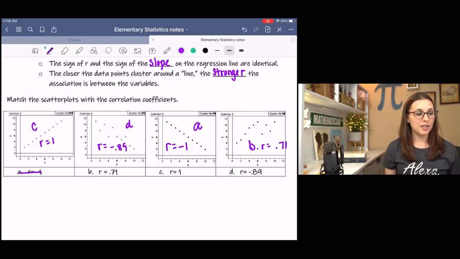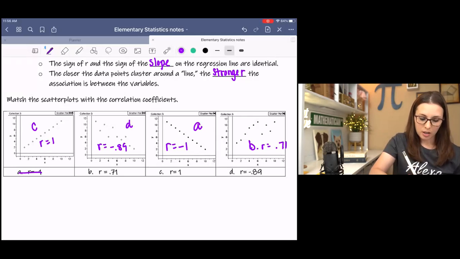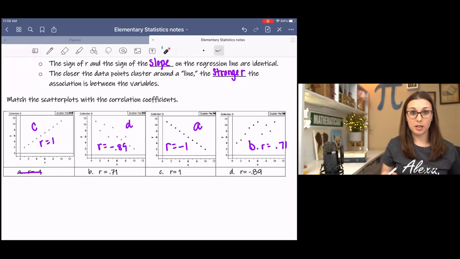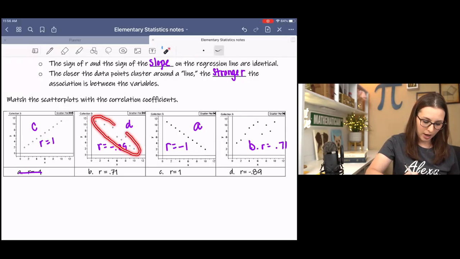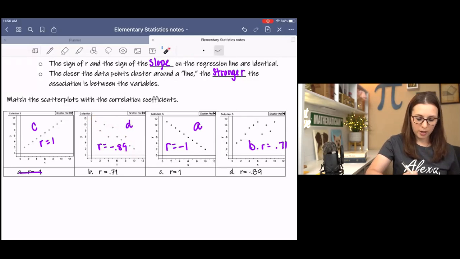Hopefully you got C, D, A, B. A quick way that you can decide which is which is if you take a pencil and circle the data, we can see that this is clearly negative.